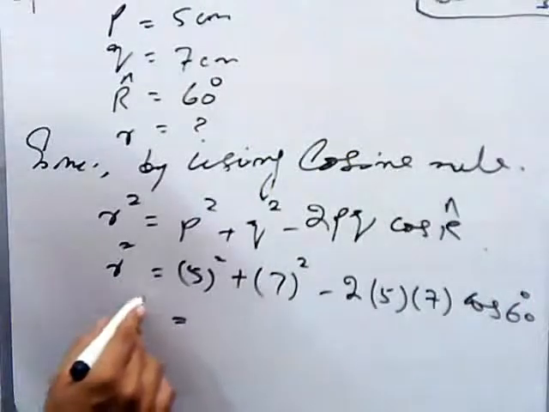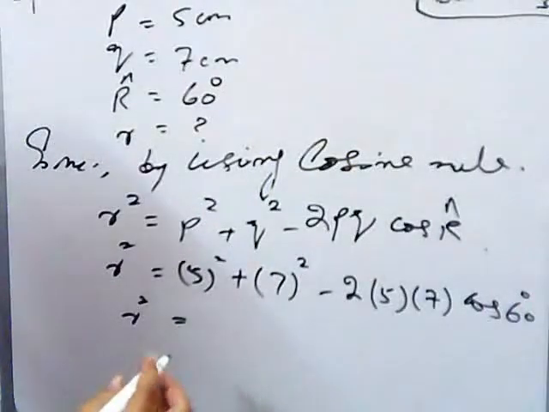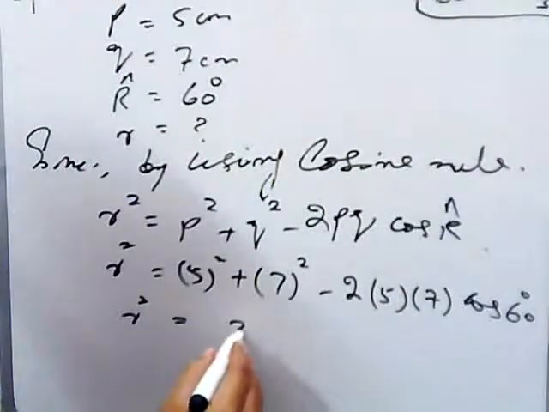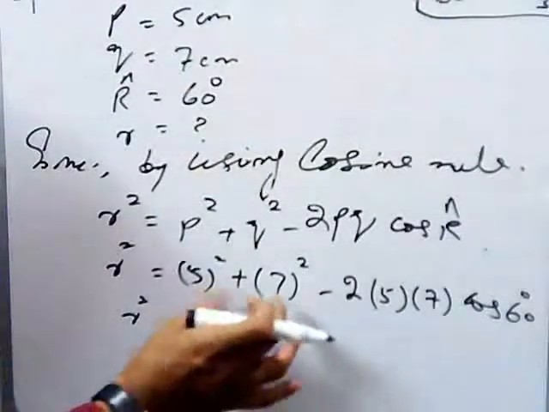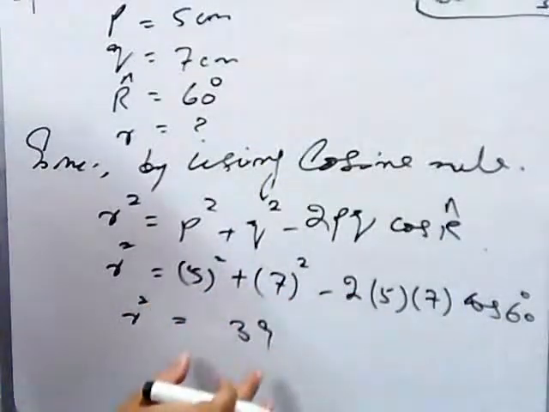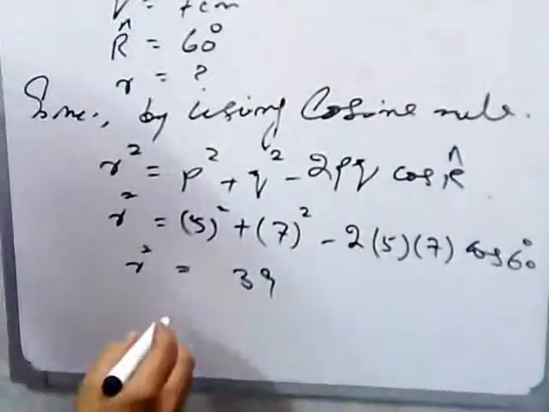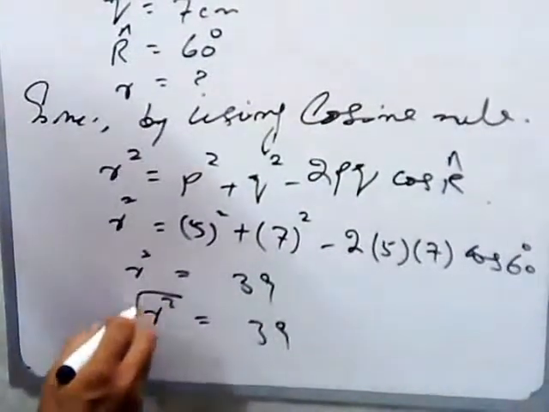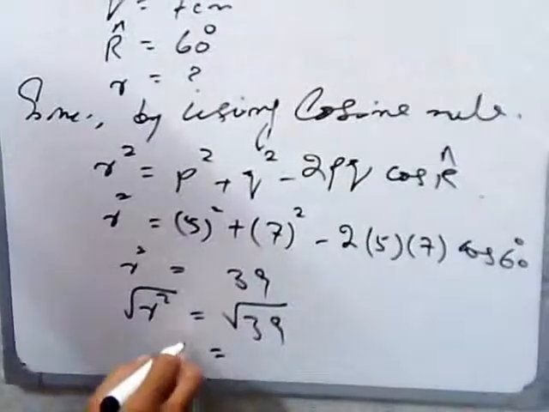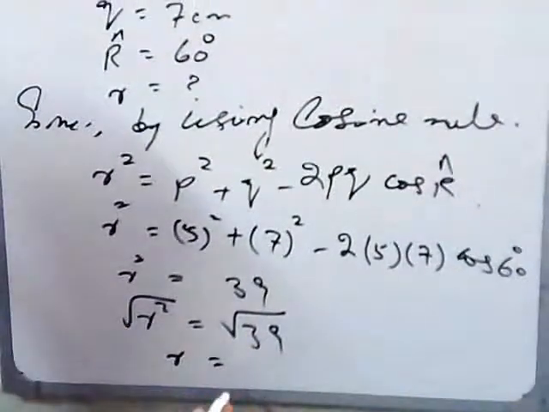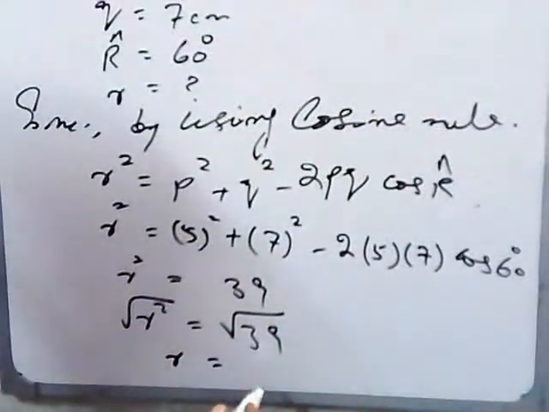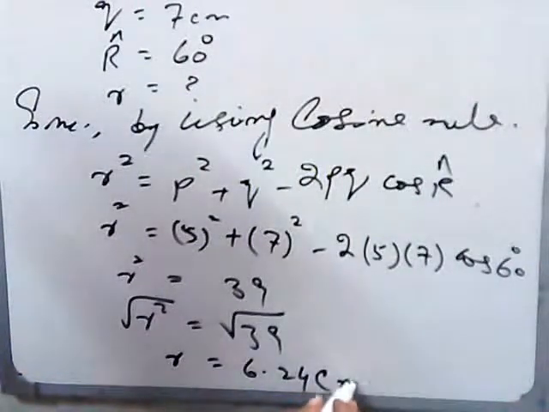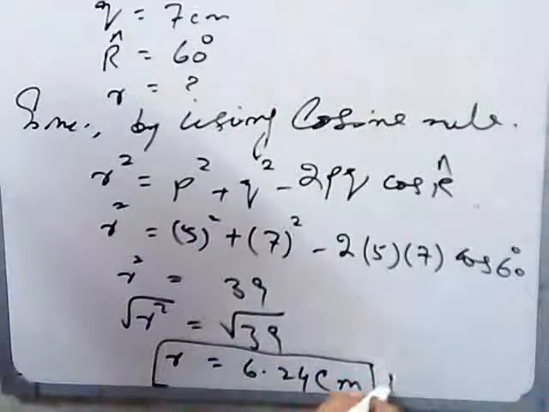By simplification you will get 39, using the calculator. But you need the value of r, so taking the root of both sides, the root sign is cancelled with the square of this one, so the value is 6.24 centimeters. So that is your result.